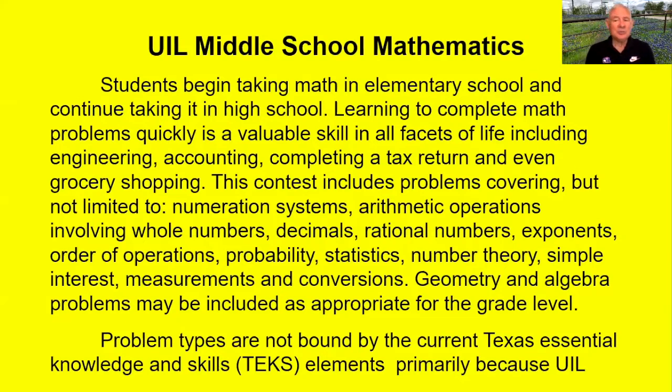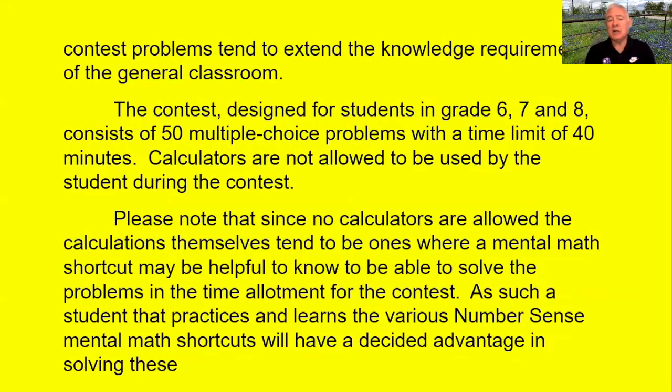Geometry and Algebra 1 questions are sometimes included because in some school districts in the state of Texas it is appropriate for them to know. The problem types are not bound by the current Texas Essential Knowledge and Skills elements, primarily because the UIL contest problems tend to extend the knowledge requirements of the general classroom.